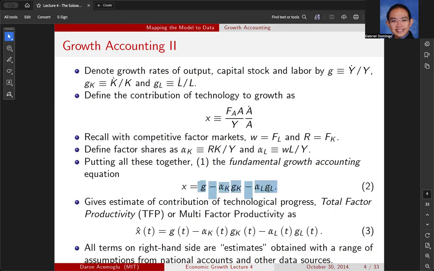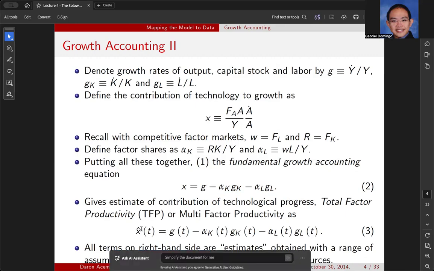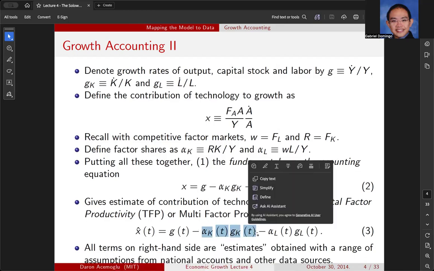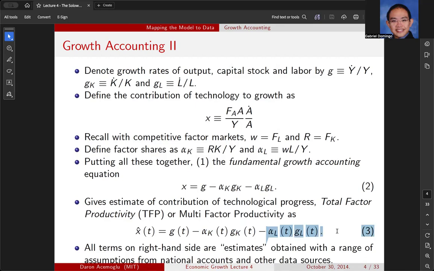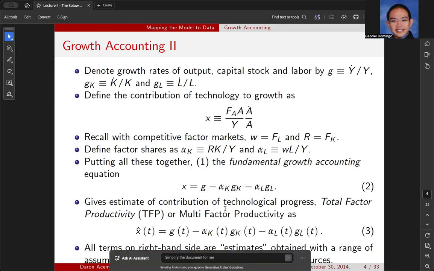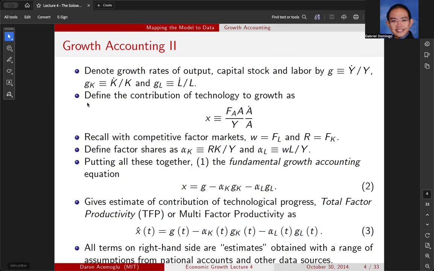Whatever remains, because you start with a positive number and then subtract two numbers here, is what's attributable to TFP. So here's your TFP estimate, that total factor productivity growth, which is just G minus the contribution of capital here, minus the contribution of labor here. Let me just move this up here.